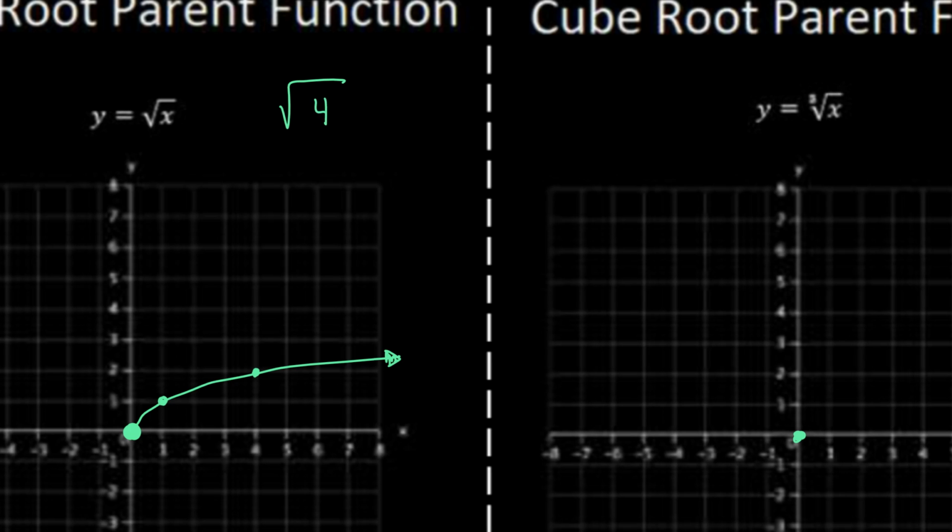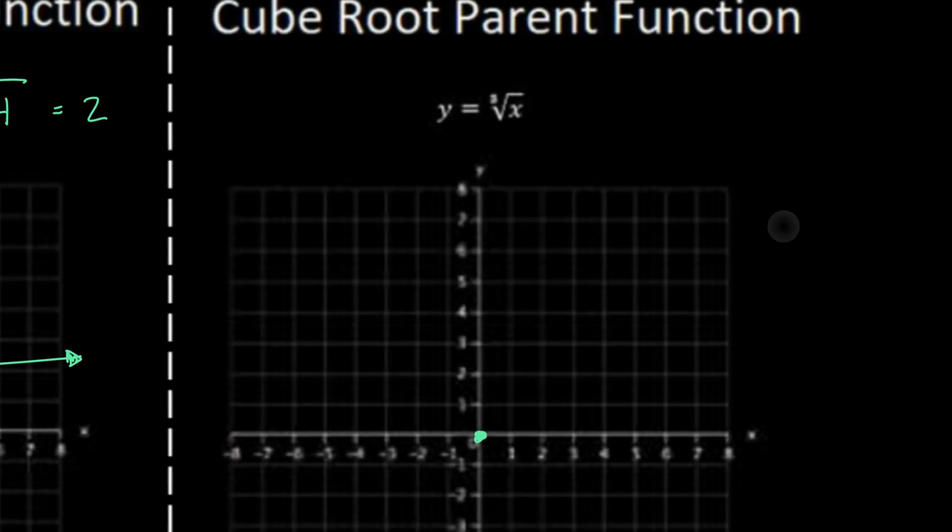So the square root of 4, we know 2 times 2 is 4, so the square root of 4 is 2, right? Here, if I am cube rooting 1, what times itself 3 times is 1? Right, 1 times 1 times 1 gives us 1. So the cube root of 1 is 1.